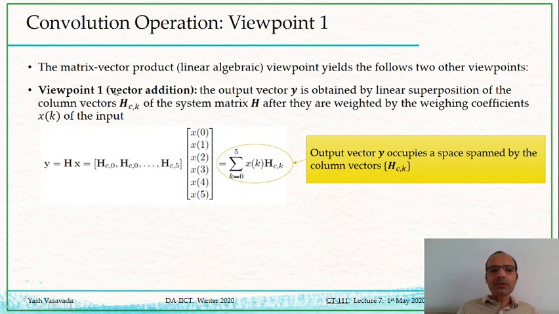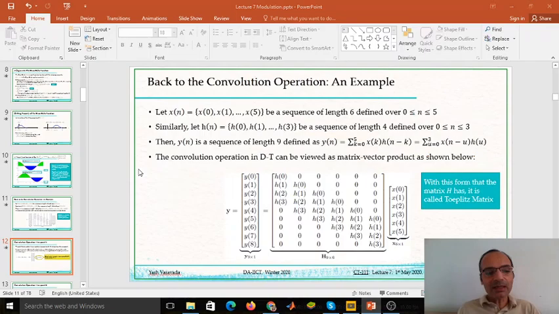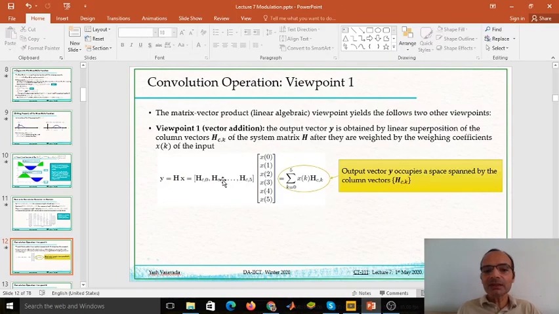So the first viewpoint says that the way to look at the output of the convolution operation, which is this vector y, which we have seen in the previous slide, is this matrix vector product H times X, is to look at the columns of the H matrix. HC0, HC1, this is a typo, I should correct it right away.